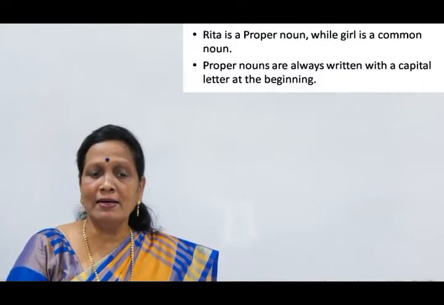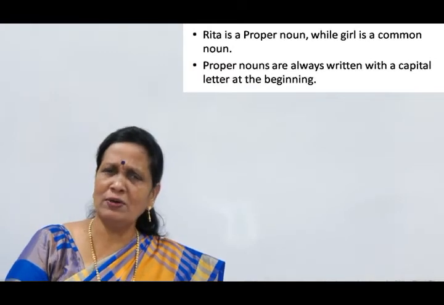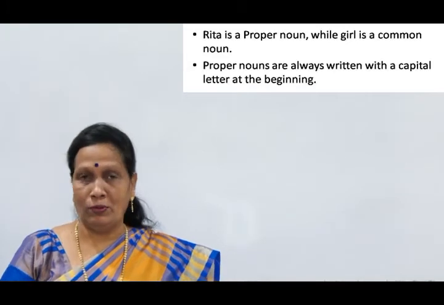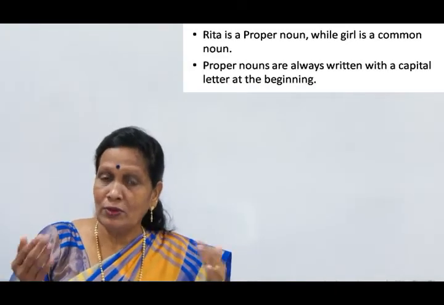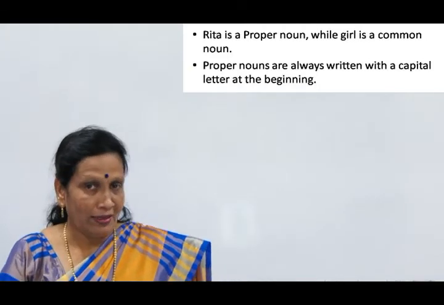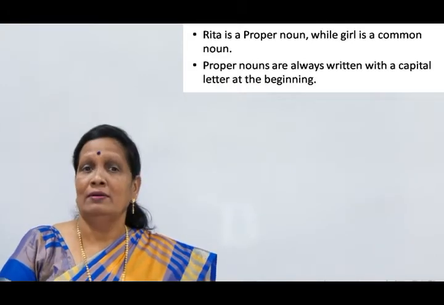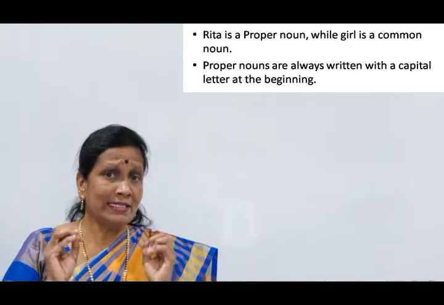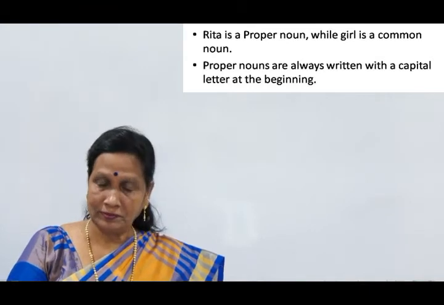Okay, now for example, in the sentence above, Geetha is a proper noun because it is the name of a particular girl. Now, girl is a common noun. When we say girl, it could be any girl. So, girl is a common noun. Whereas Geetha, Sam, John, Ashoka are proper nouns because they are the names of particular persons.